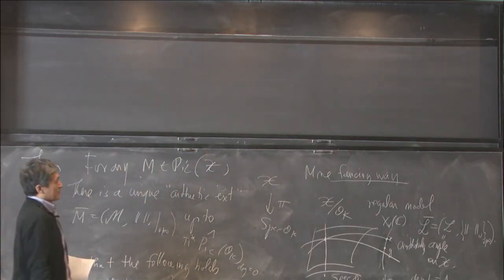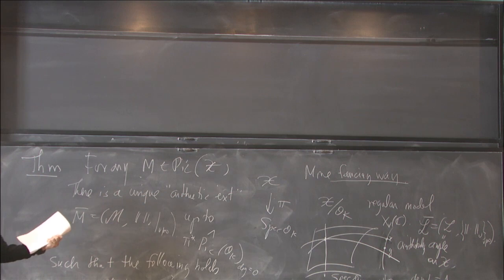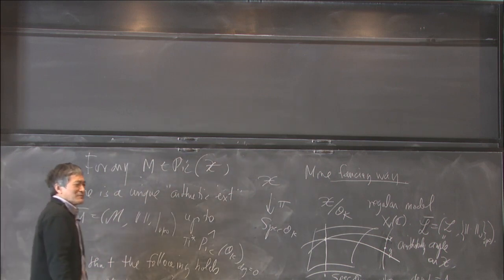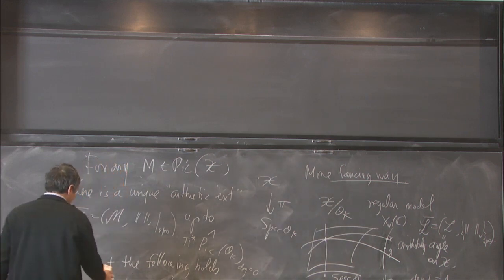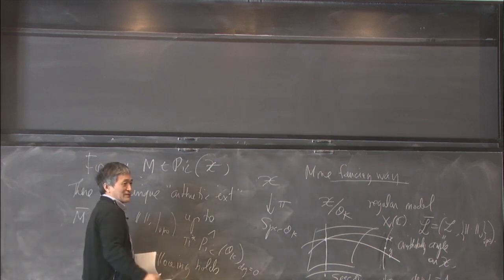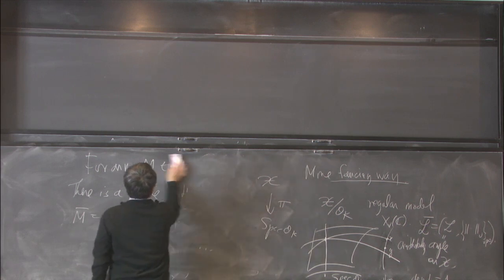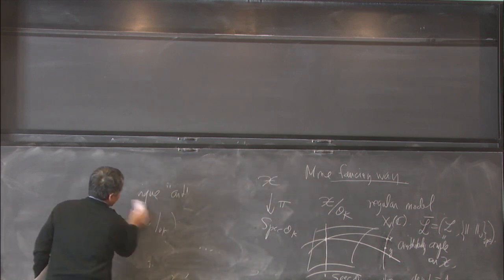So the question is, how do I construct such a class? This is just an existence theorem. And a funny thing, there are not so many references on how to construct such a thing. For curves, the one I just did is a way of doing it. For high dimension, it's pretty hard.